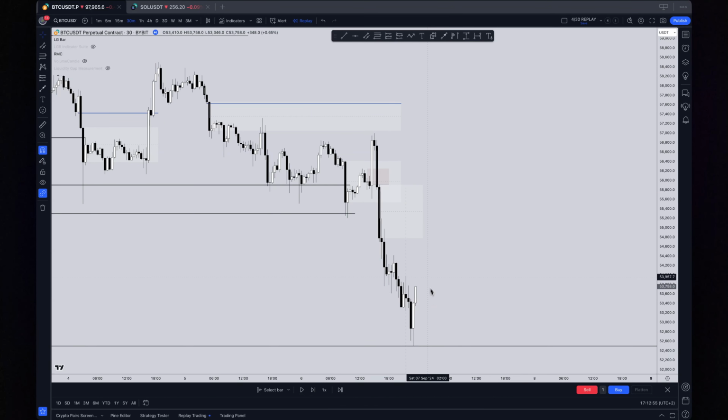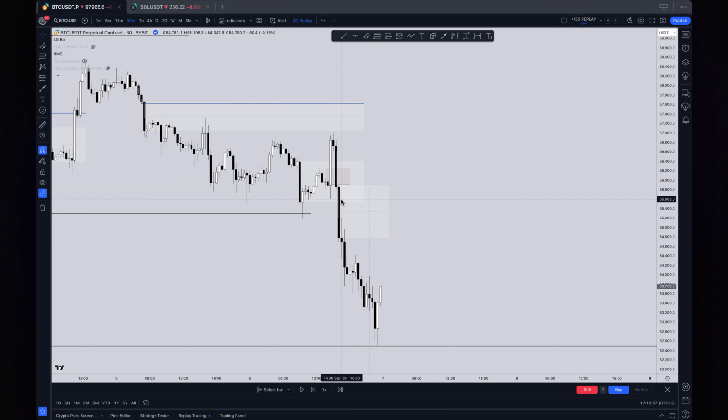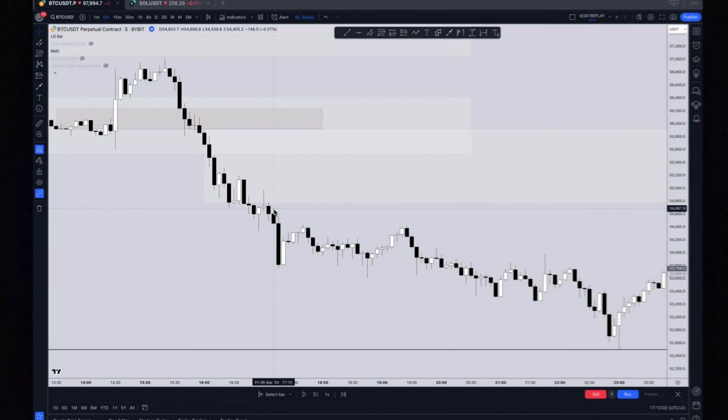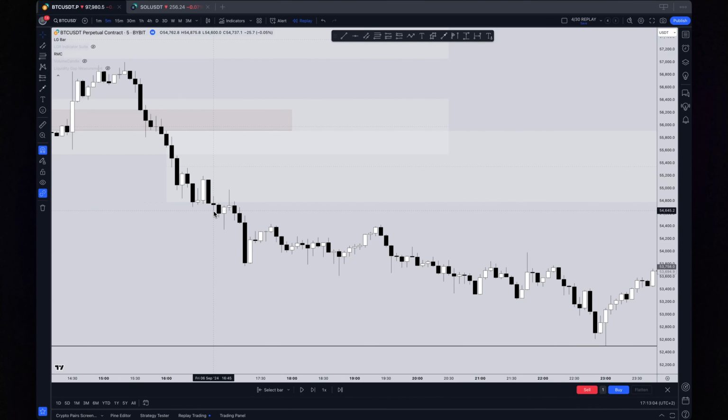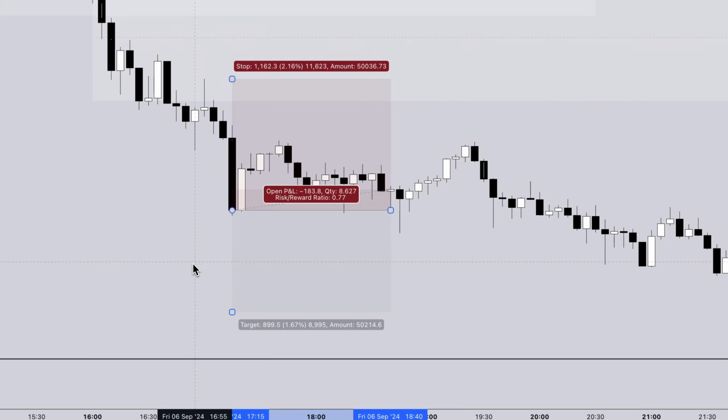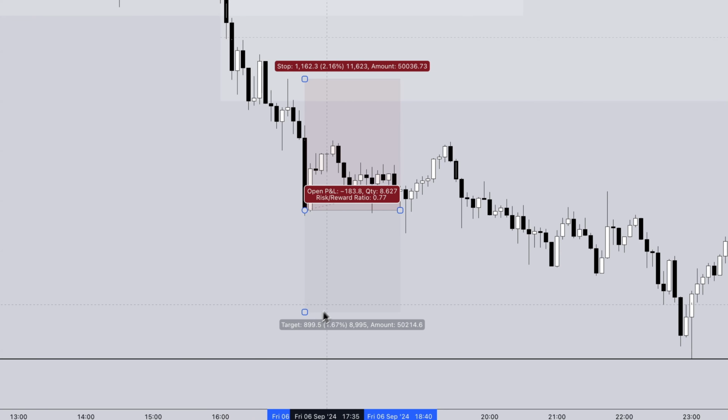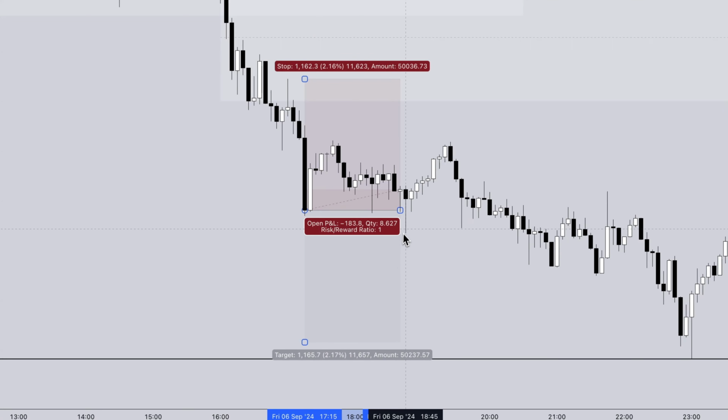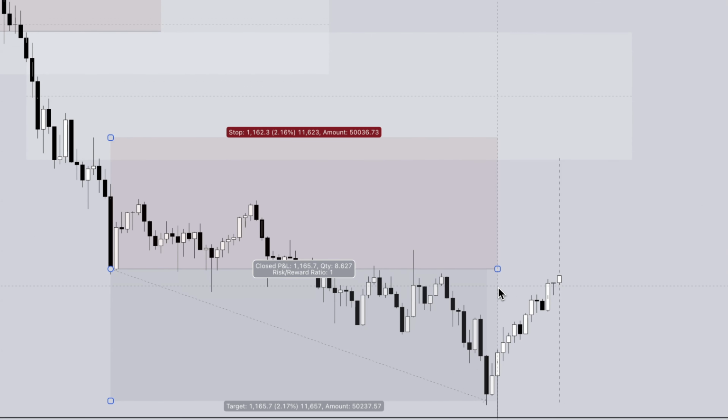Go to the level. Probably had a little entry somewhere here. At the low. And this is a nice little sweep, swing formed LGC continuation. So then you take this short. Oh, that's small. So you take it to 1. That's filled there.